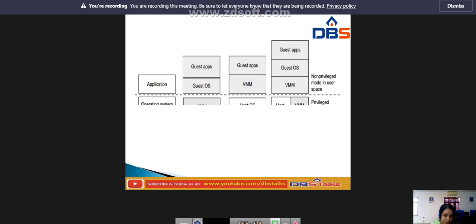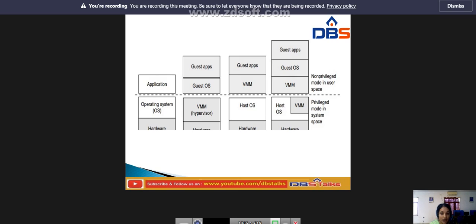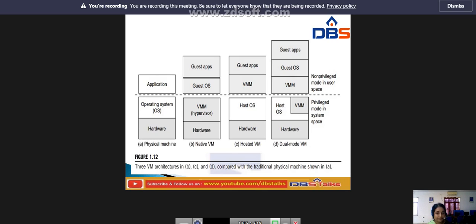In this virtual machine, we have applications, operating system, and virtual guest applications, hardware and guest applications, virtual machine middleware.